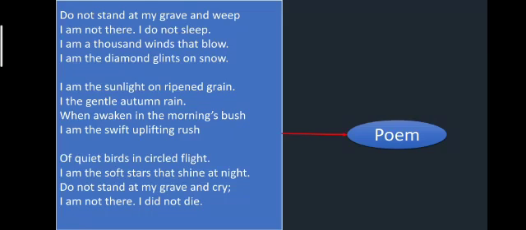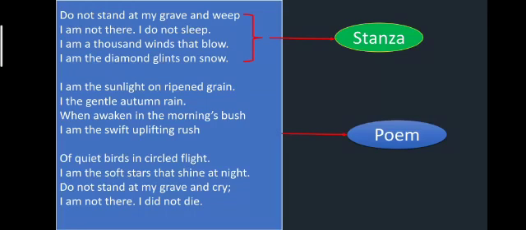So the lines in this poem are arranged together in a harmony. That's why we can call it a song. And the poem is sometimes divided into stanzas, and the stanzas are a group of lines that have the same idea.